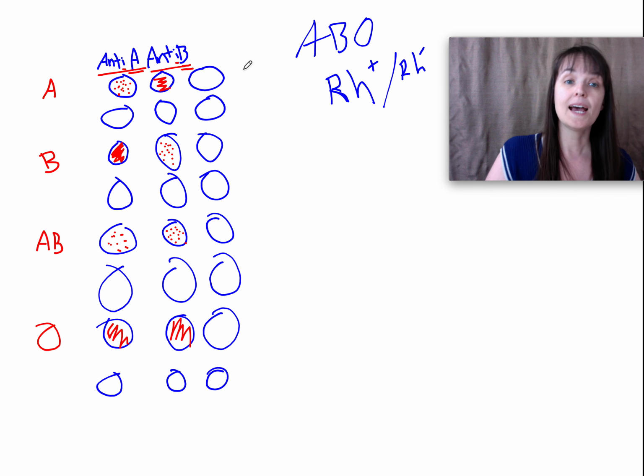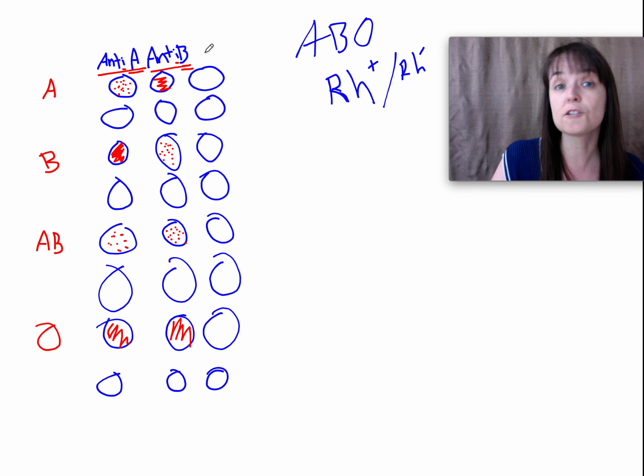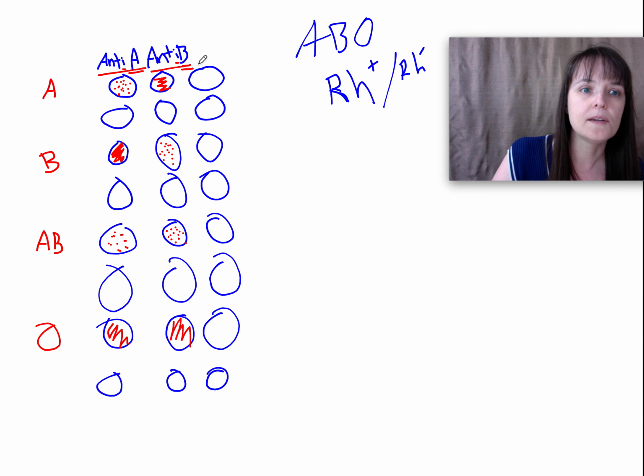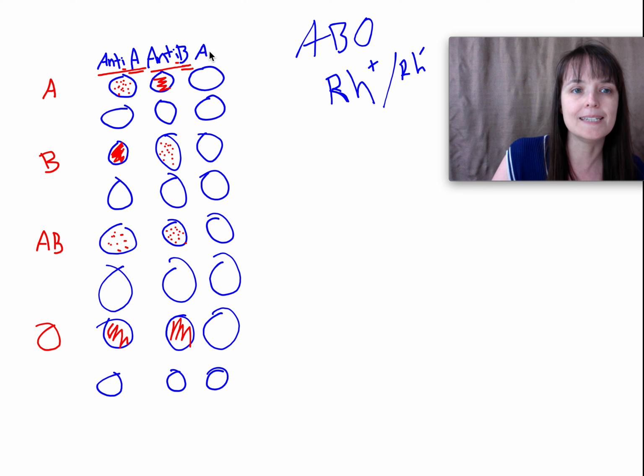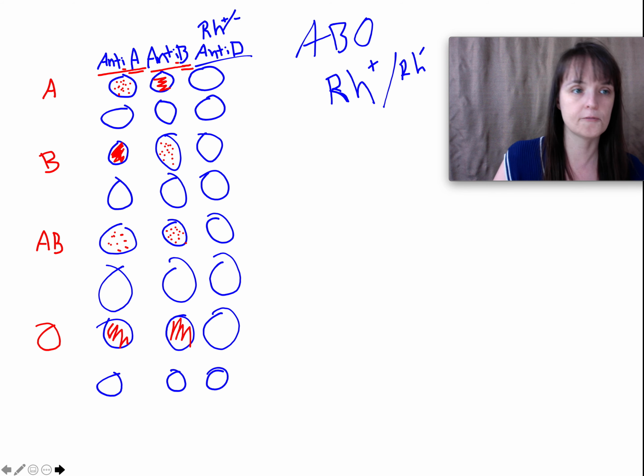So to test for the RH factor, we use anti-D. I don't know why D doesn't make any sense to me either. But this is the column that tests for the RH factor, and it's either positive or negative.